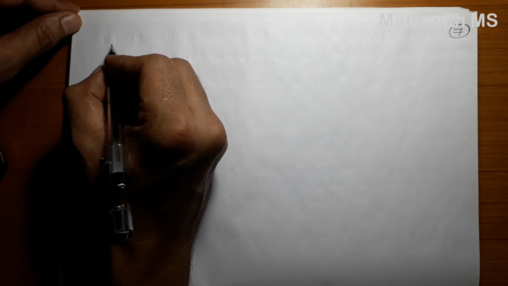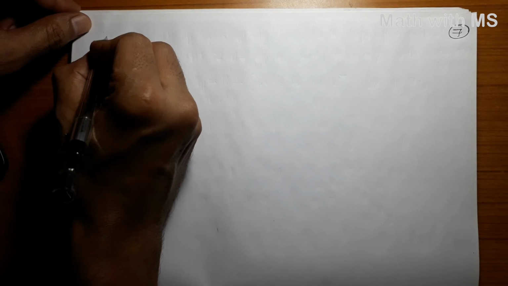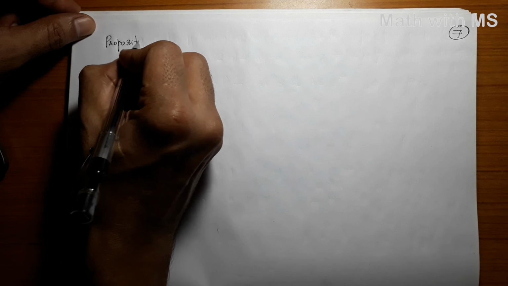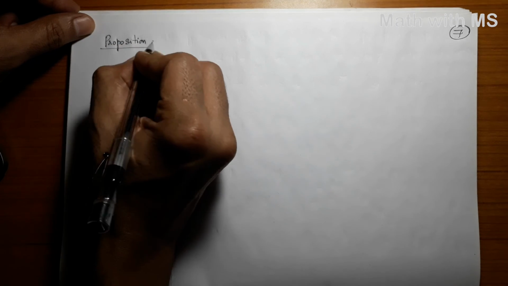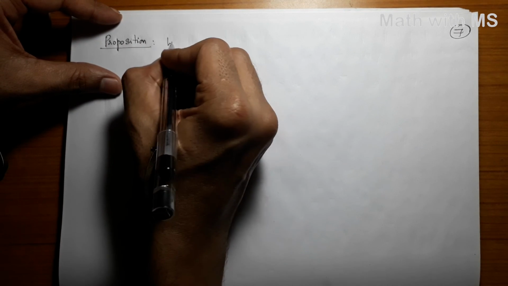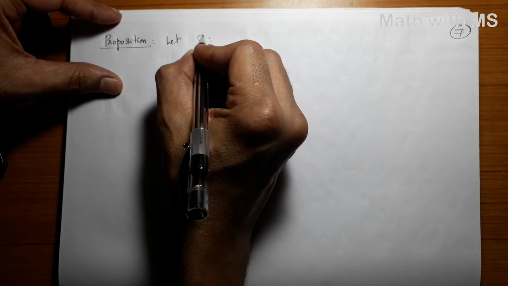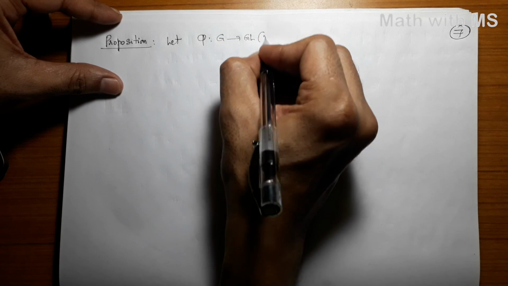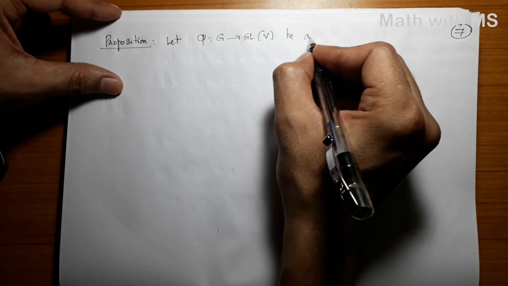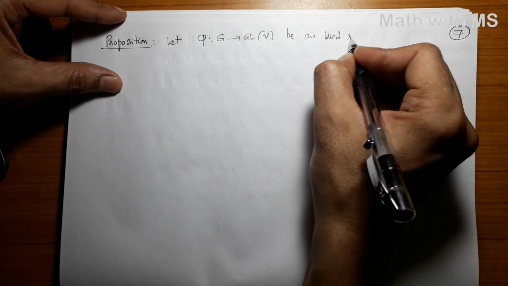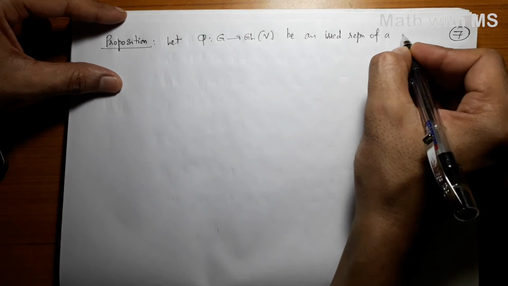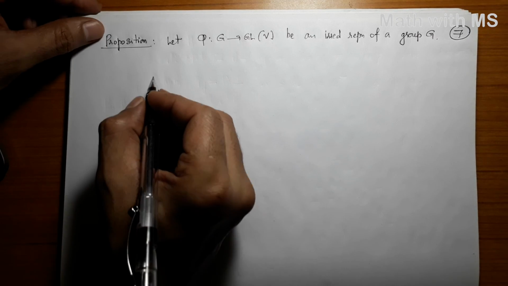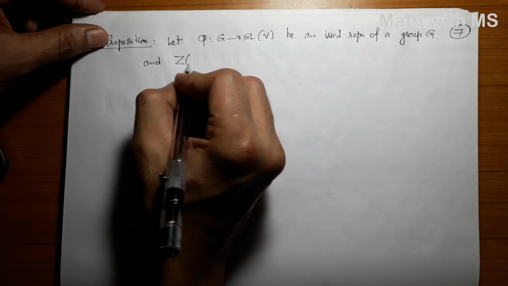So let's write some more consequences of Schur's lemma. Let me call it a proposition. Let phi from G to GL(V) be an irreducible representation of a group G, and Z(G) be its center.